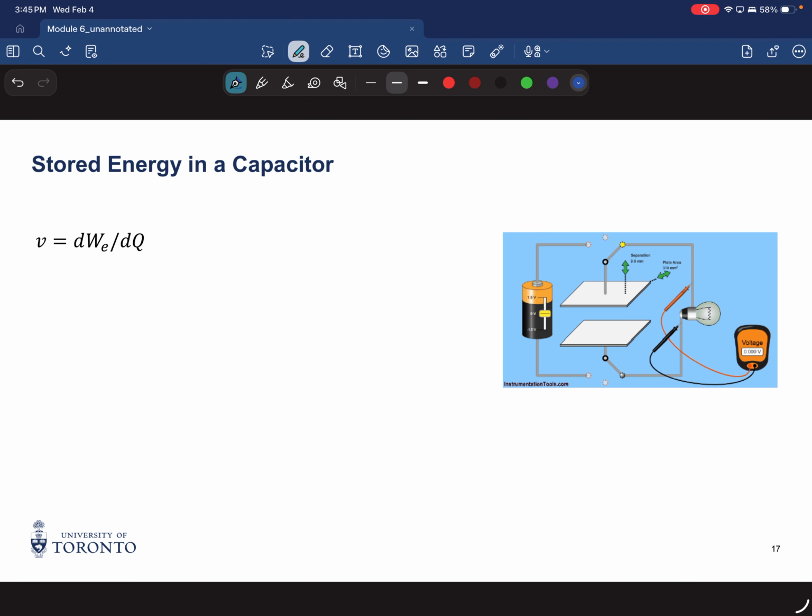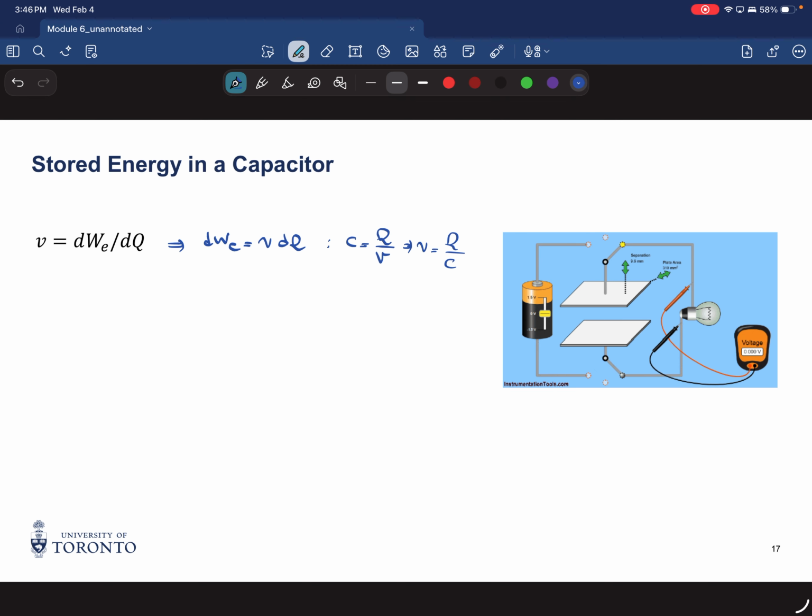And we can use that definition to find the work we are doing, which is the work that is later stored in the capacitance. So we can say dWe is V dQ. And then we know that capacitance was Q over V, so we can define V as Q over C.